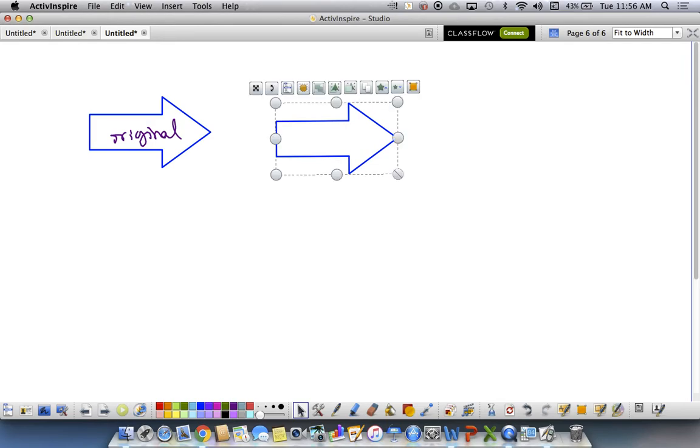A little hint: every single thing will have rotational symmetry at 360 degrees. That's why in the definition, it talked about an angle less than 360 degrees. Okay?